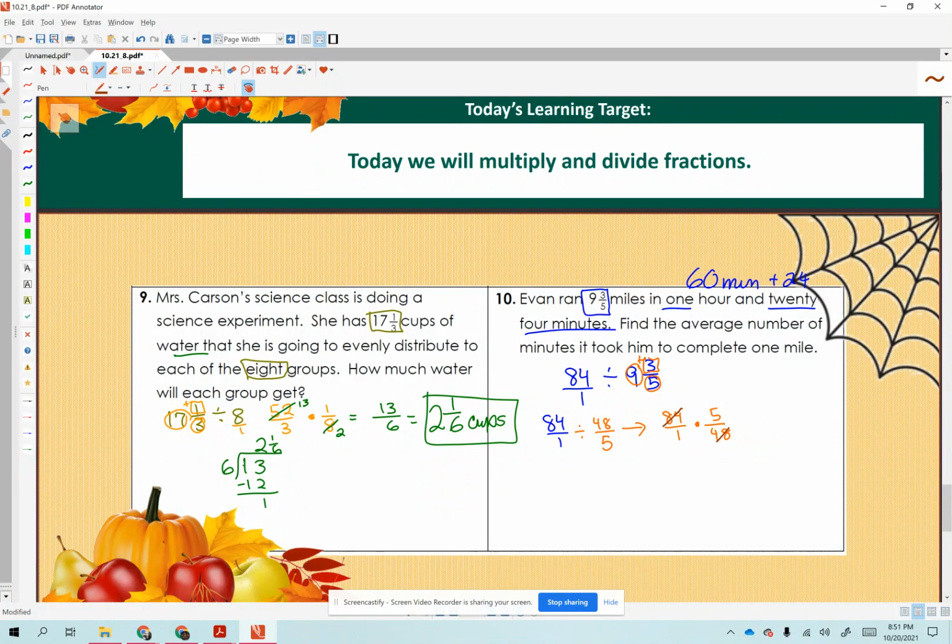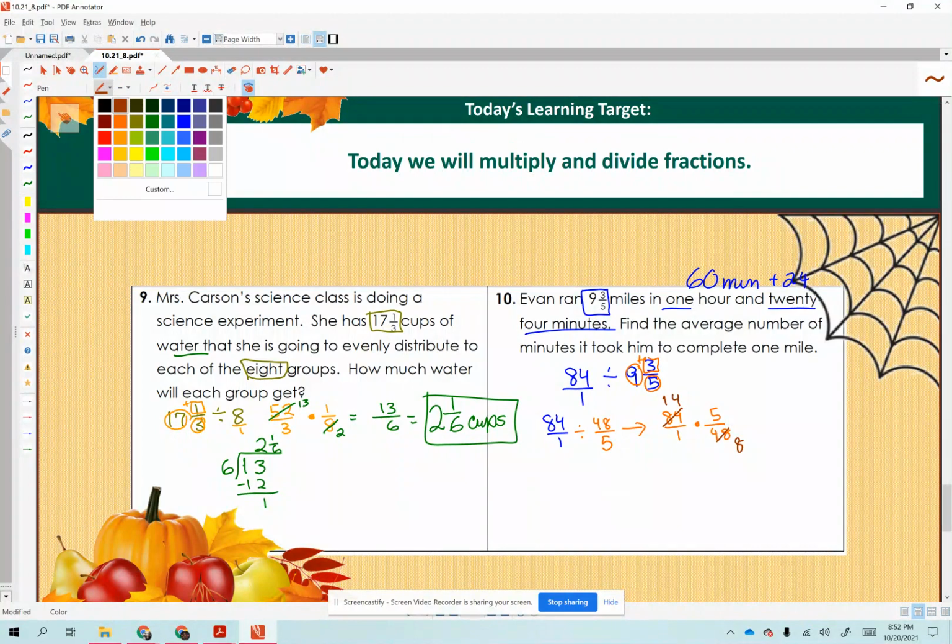Let's divide them both by 6. Yep, 48 divided by 6 is 8. 84 divided by 6 is 14, and we can even simplify it further.